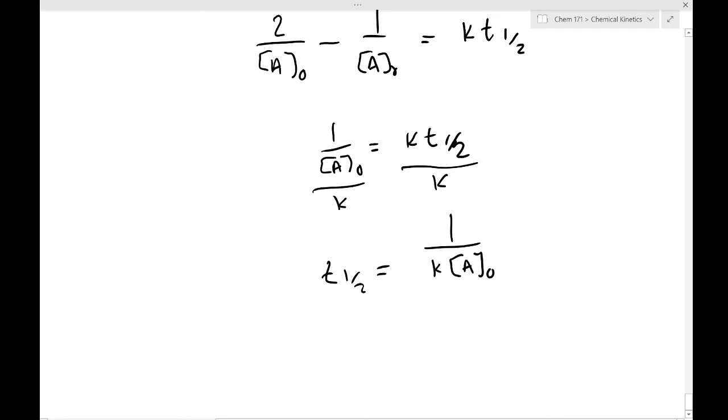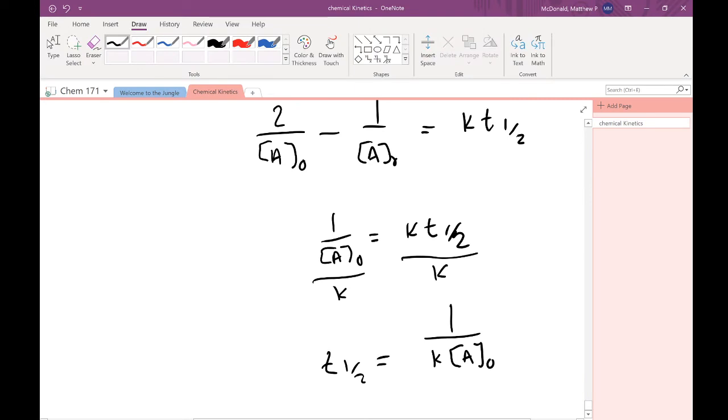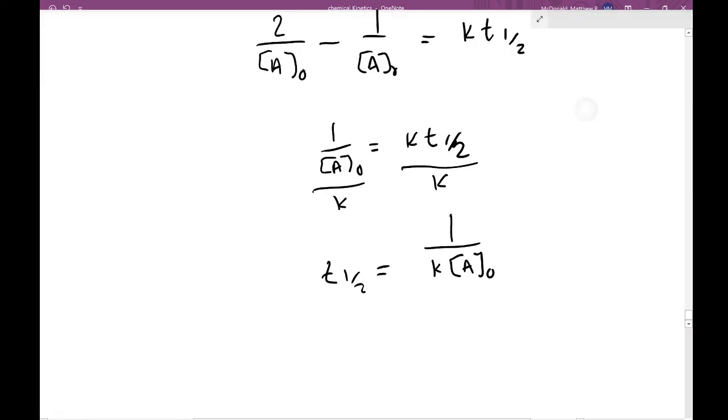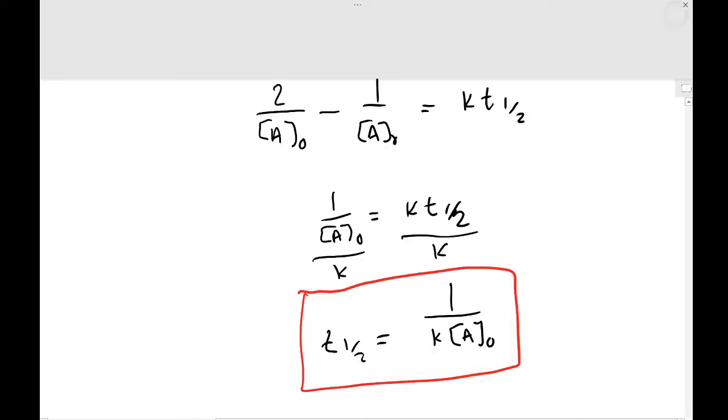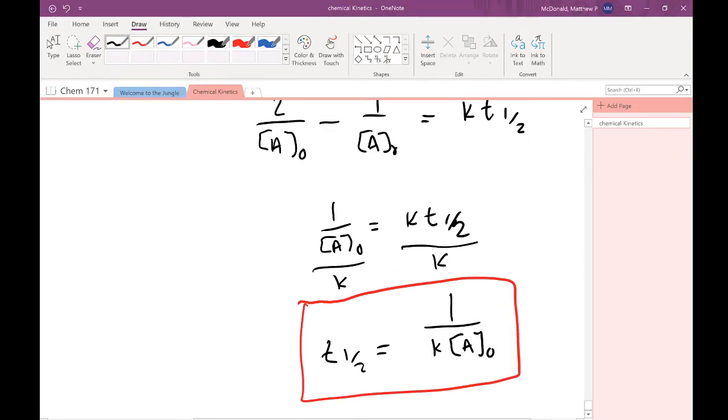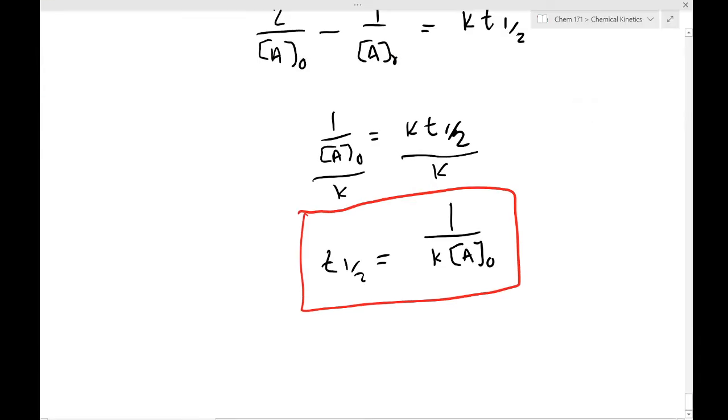Okay, so for a second order process, the half-life is equal to this. And the interesting thing about this versus the first order process is that now it depends on the initial concentration. So it's no longer independent of the concentration.